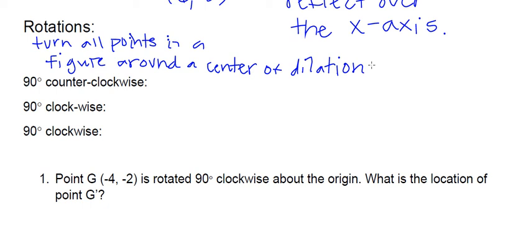They sound similar. Ooh, there's an error on here too. This should not say 90. This should say 180, and 180 degrees clockwise is the same thing as counterclockwise because a circle is 360 degrees.